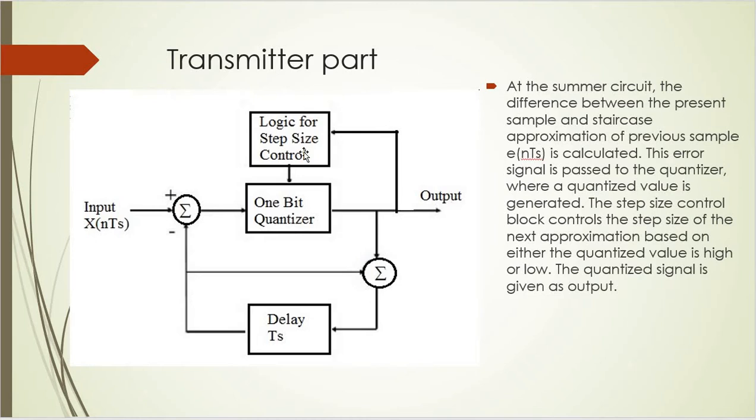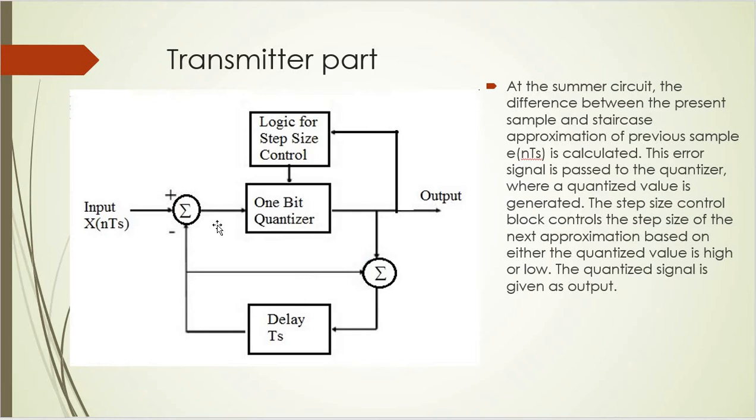If you compare the transmitter part of an adaptive delta modulator with that of a delta modulator, the only difference is that we have a logic for step size control. This is an additional block included in the transmitter part. The rest of the blocks are very similar to those of a delta modulation system.